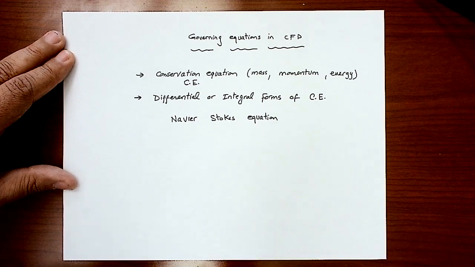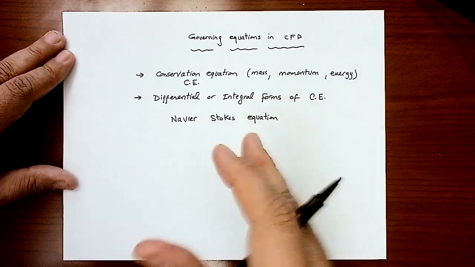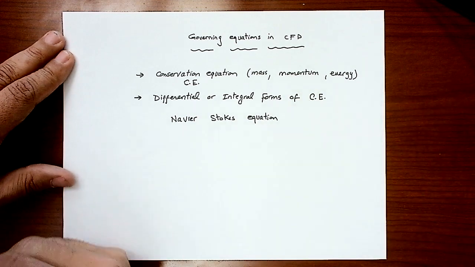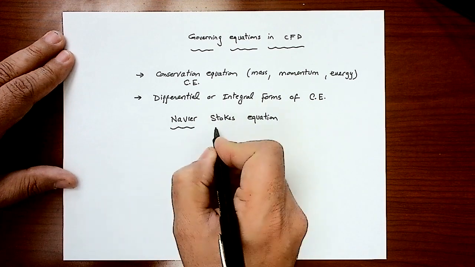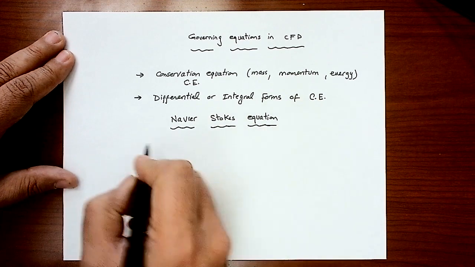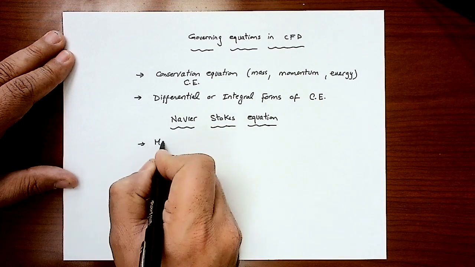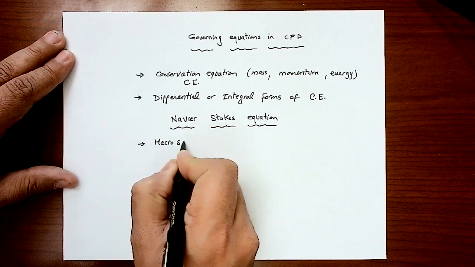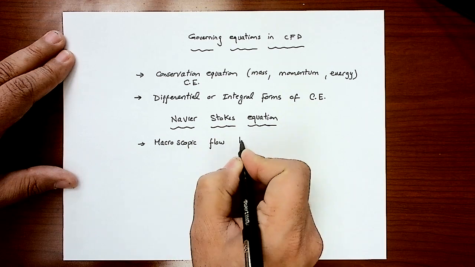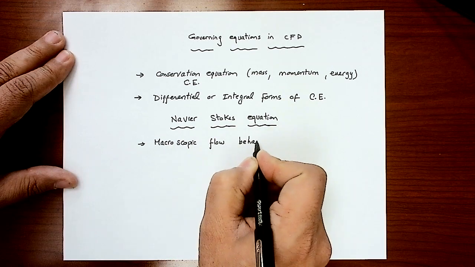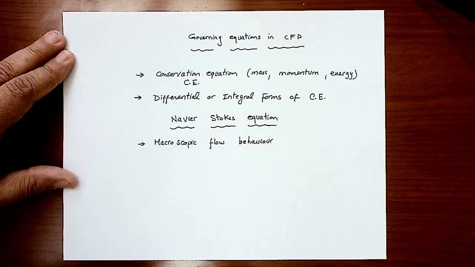It could be only the mass plus momentum, could be only the momentum, it could be the combination of mass, momentum, and energy equations. Keep in mind that the Navier-Stokes equations describe the macroscopic flow behavior. So the Navier-Stokes equation doesn't look into the micro scale.